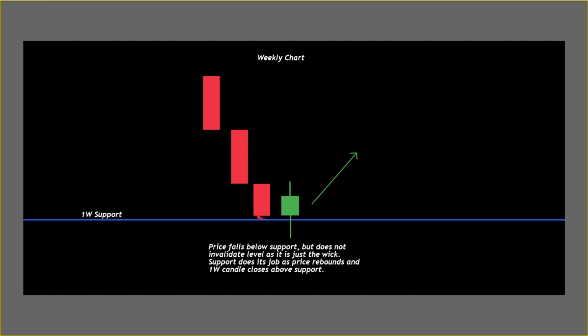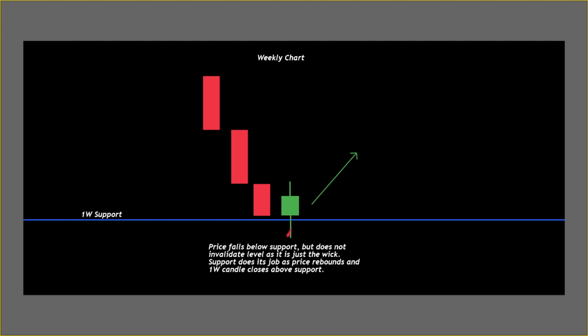If the candle's red, the open is at the top and the close is at the bottom, right? So on this green candle, price opened here. Price continued to fall, and even though this candle is green, price continued to fall below support, but it does not invalidate the level as it's just the wick.